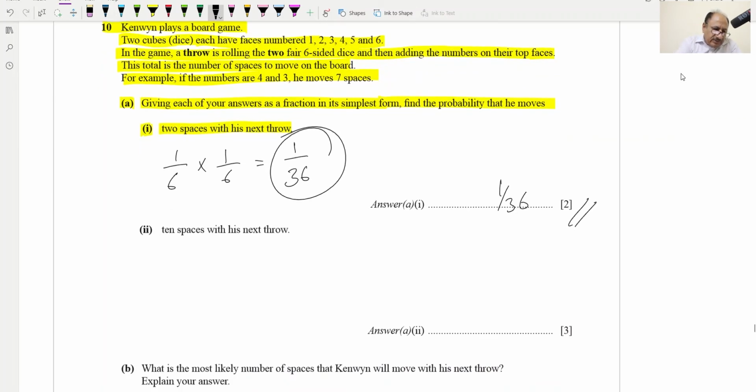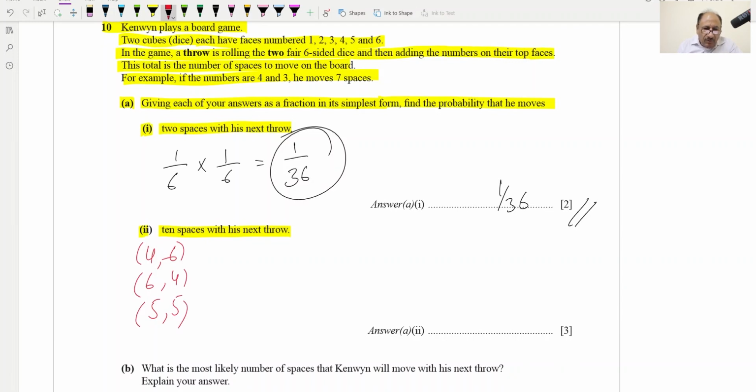Now the next thing which is required is the second part, 10 spaces with his next throw. So what are the options for 10 spaces? Options for the 10 spaces will be 4 on one dice and 6 on the second dice, and 6 on the first dice and 4 on the second dice, and 5 and 5. Only these three options are available, so we will be taking only these three options.